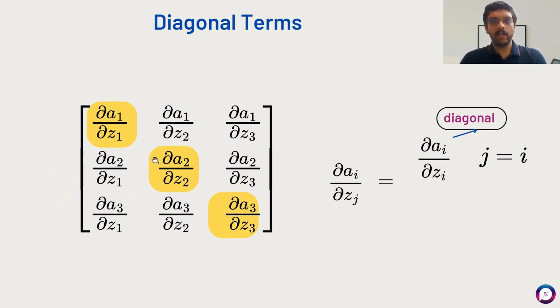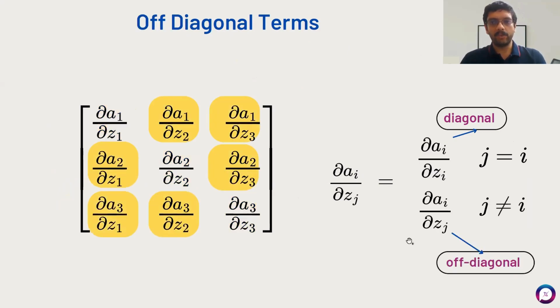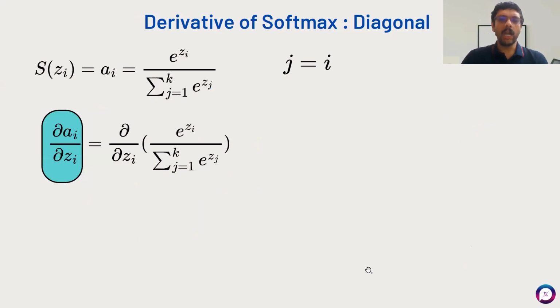First input versus first output, second input versus second output, and third input versus third output. And then we have the off diagonal terms, right, which is the derivative of Ai with respect to Zj, when j is not equal to i. I'm going to break this derivative into these two parts and compute them separately because there's a slight difference in the values. How do we do that?